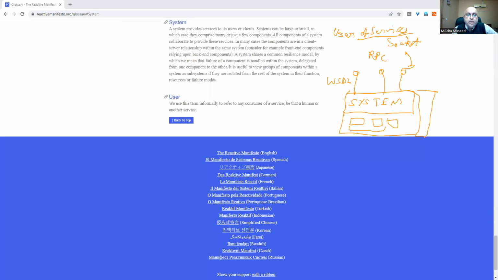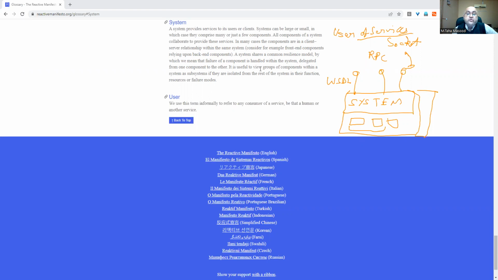All right. So in many cases, the components are in a client-server relationship within the same system. Consider, for example, front-end components relying upon back-end components. All right. So this is pretty self-explanatory. A system shares a common resilience model, by which we mean that failure of a component is handled within the system, delegated from one component to the other.